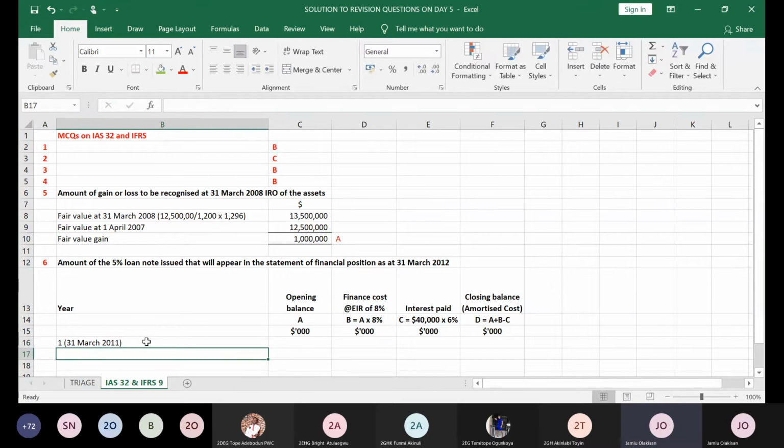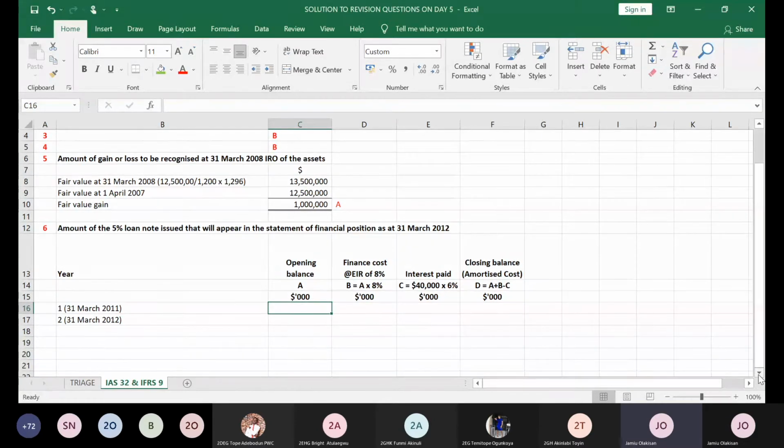Then the end of the second year is 2012. Okay, what is our opening balance? The opening balance is very important. What do you think the opening balance should be, given that this financial liability will be subsequently measured at amortized cost?